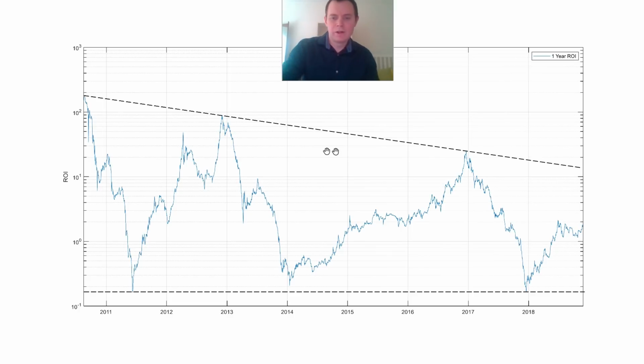What we notice with Bitcoin is that on a macro level, the ROI, if you just buy and sell exactly 1 year later, is decreasing. Now, 10 to the 1 would be a 10x, so here we're at 20x.